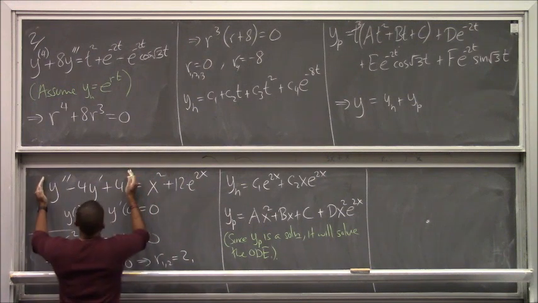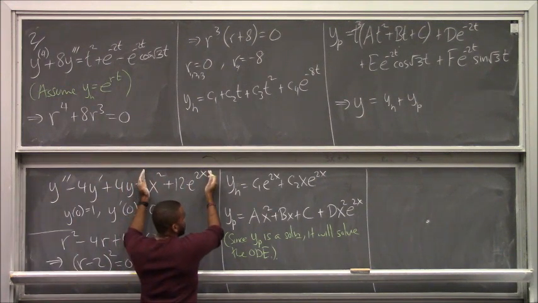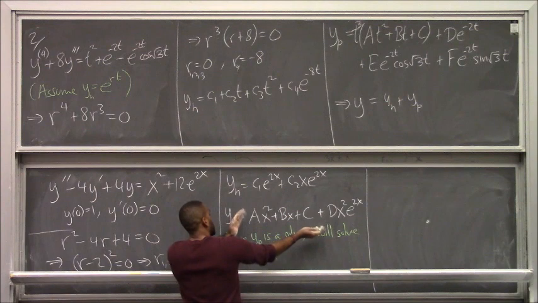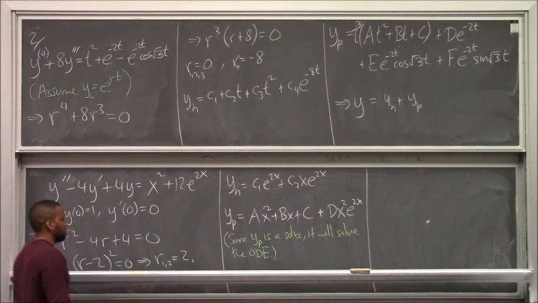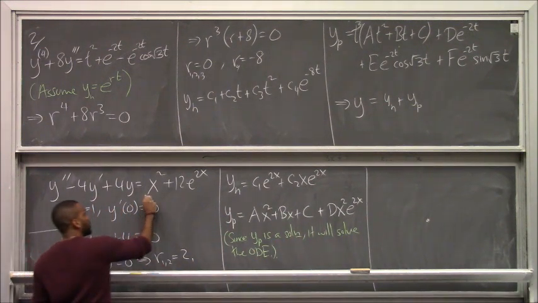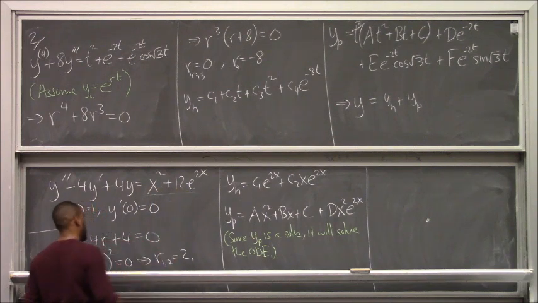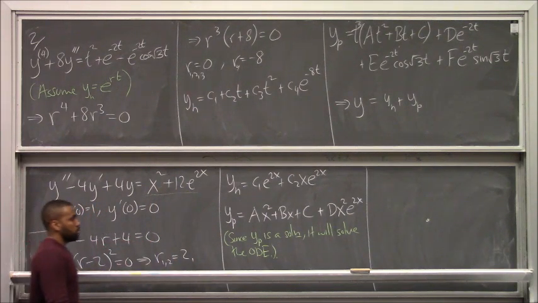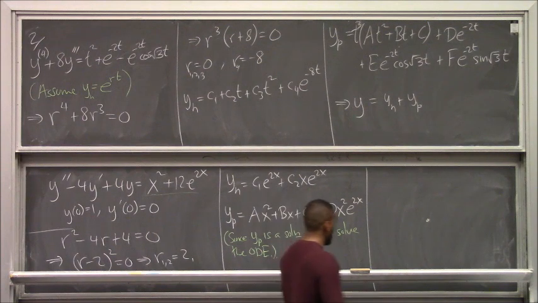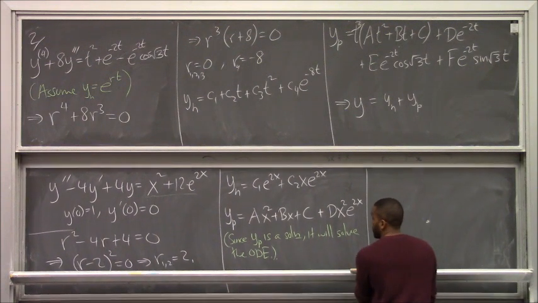The function originally must have a very similar form, namely, it must look like this. That is the assumption, because this is one of those nice forms. It's a polynomial, and so our yp is going to look like this.